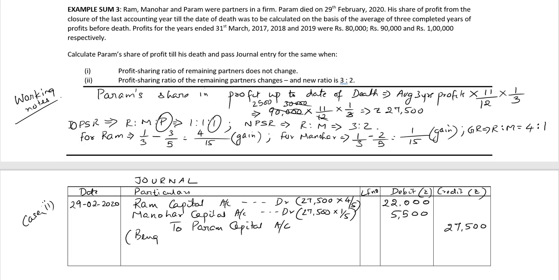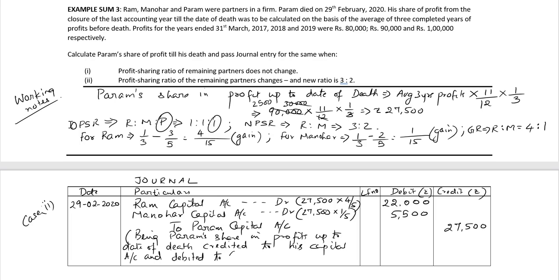Narration being Param's share in profits up to date of death credited to his capital account and debited to gaining partners in gaining ratio.